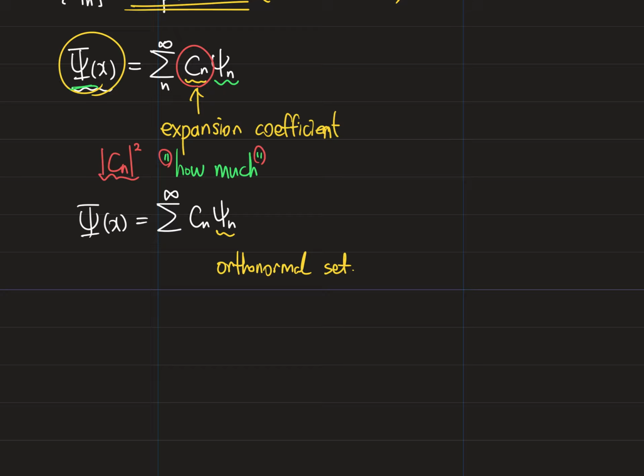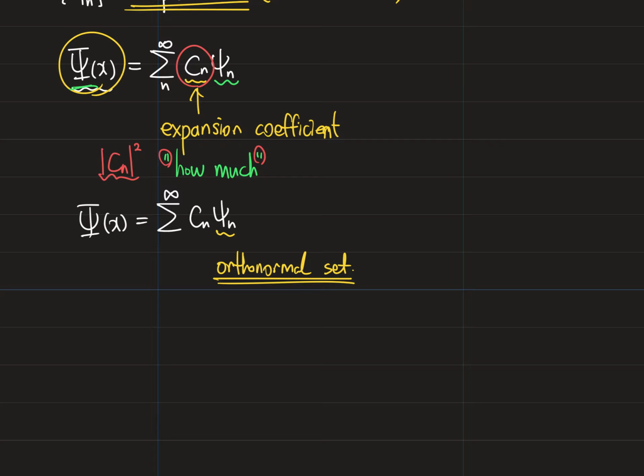If there is a complete set that is not orthogonal or not normalized, we can always make it an orthonormal set, right? Normalization is quite easy: we integrate the square of that function. And to orthogonalize, you always use the Gram-Schmidt orthogonalization. So we can say that they are always an orthonormal set.